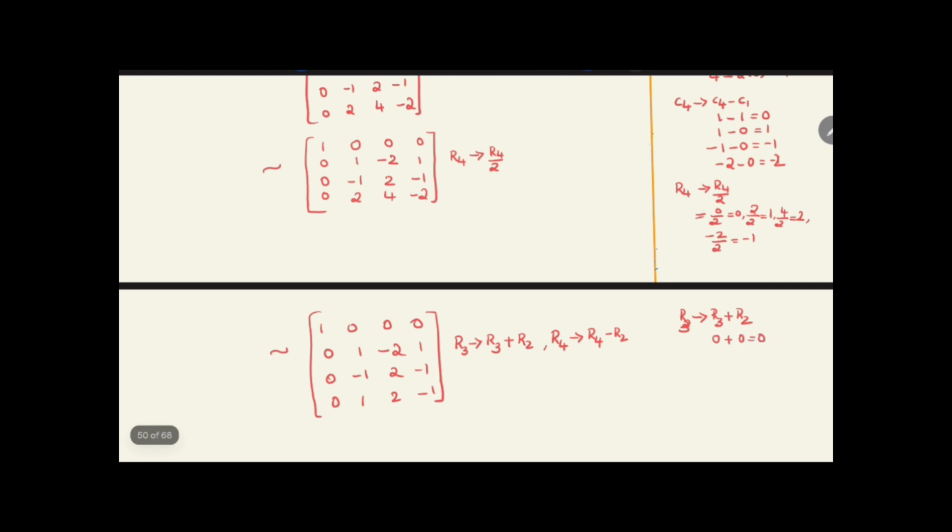Okay, what is the second element of R3? It is minus 1, plus second element of R2 is 1. Minus 1 plus 1, 0. Okay, now the third element of R3 is 2, plus third element of R2 is minus 2. 2 minus 2 is 0. And what is the fourth element of R3? It is minus 1 plus 1, which is 0.